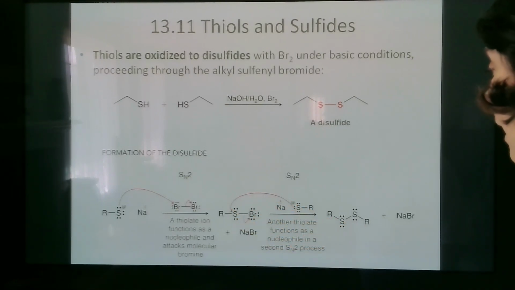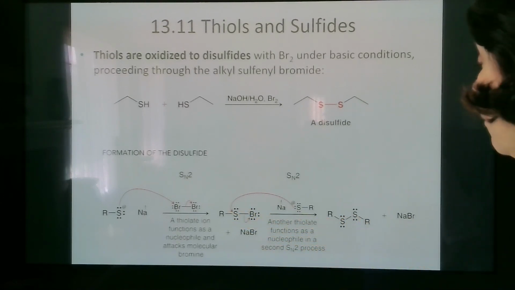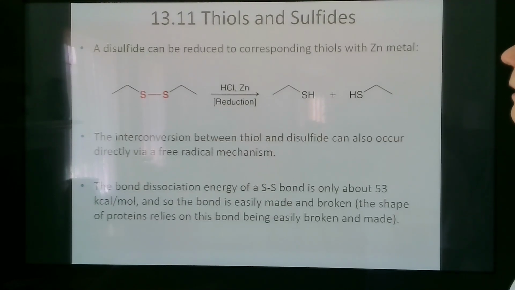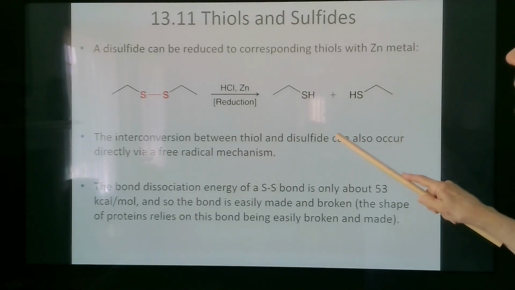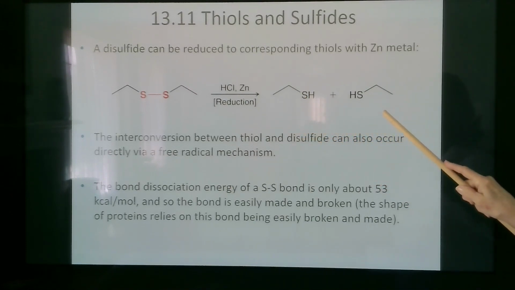This is occurring on sulfur to displace bromide, and that gives you the disulfide. The disulfide can be reduced to the corresponding thiol with zinc metal. So the byproduct here is going to be zinc dichloride, of course.